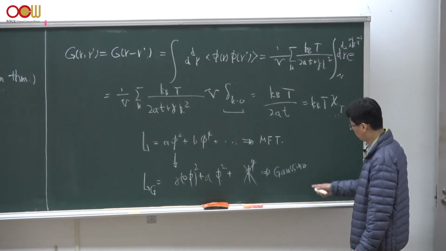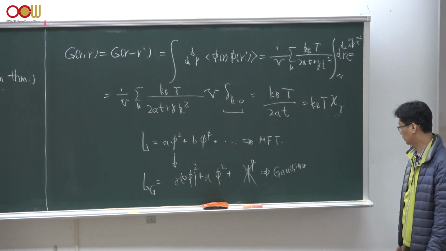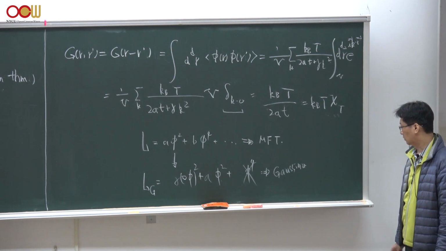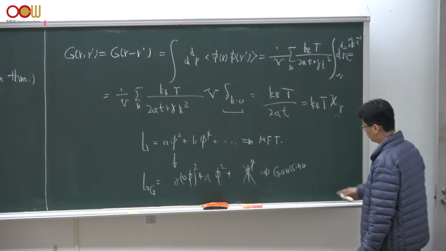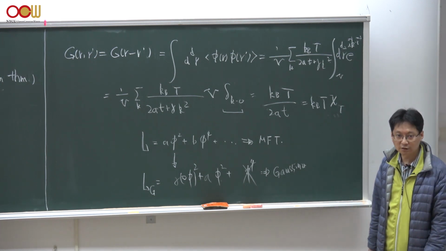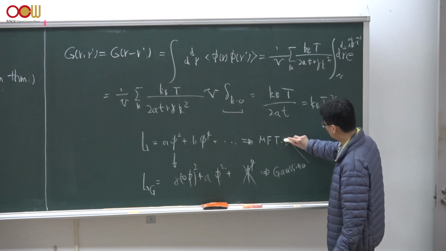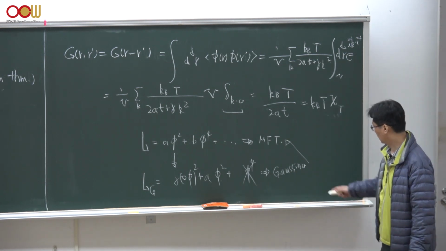And also, this perturbation theory will break down as temperature reaches Tc. So we will find a more systematic way to improve these Gaussian predictions. The Gaussian predictions seem somewhat better than the mean field predictions, but still not good enough.